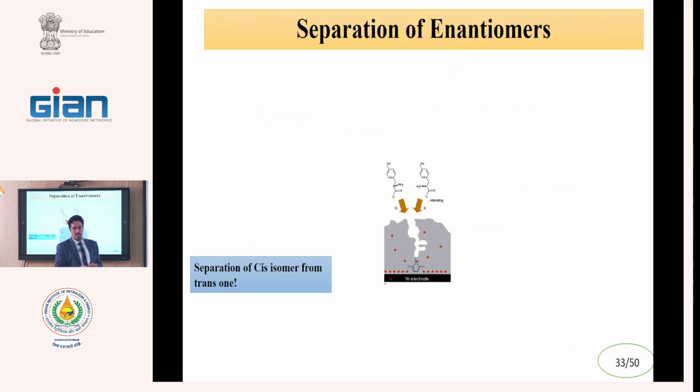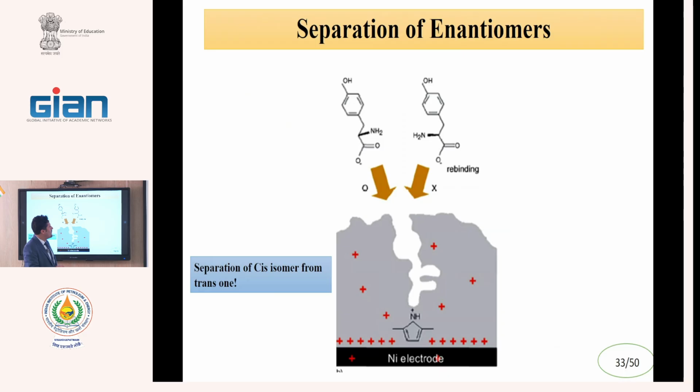For example, with this method, we can separate trans from cis. Pervaporation can also separate, and imprinted membrane as well. In pervaporation, for separation of two isomers from each other, we must have a difference in boiling point, because one isomer changes to vapor and passes through the membrane.